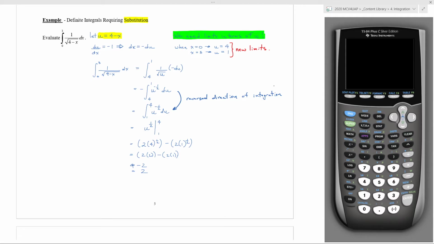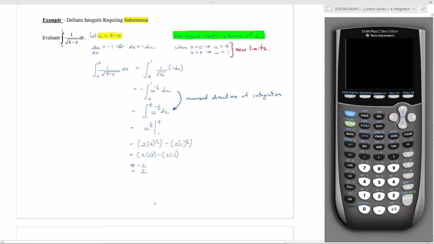So I find the antiderivative of that. Which I didn't do right, did I? What is the antiderivative of u to the negative 1/2?